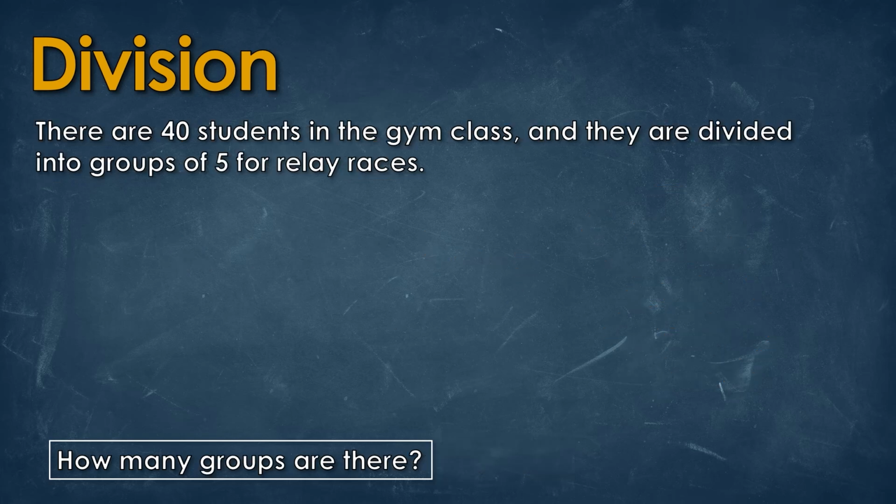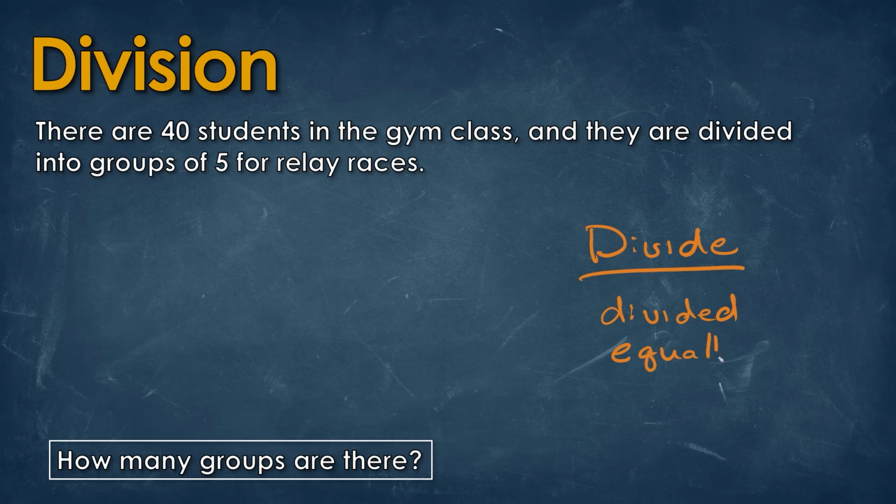Now let's try this question. Again, if we want to know whether we need to divide or multiply, we want to look for words for divide specifically, such as divided, equally, or each. Let's see if we see any of those words. We'll read it and highlight important information. There are 40 students in the gym class.